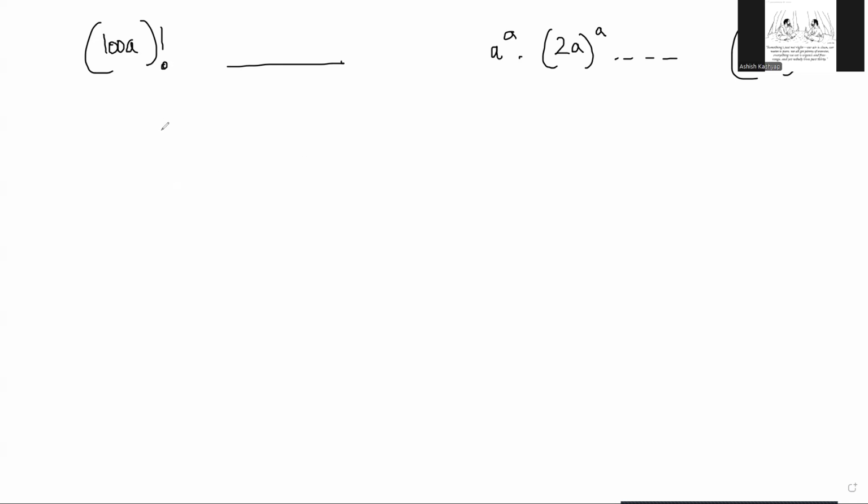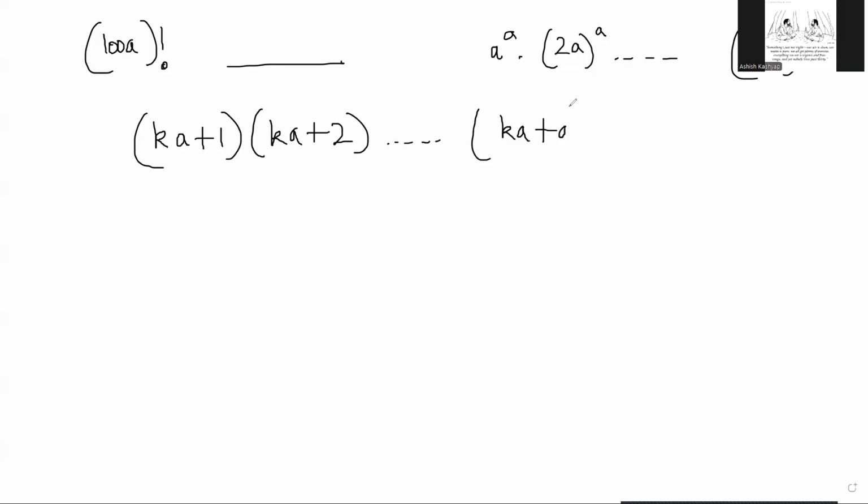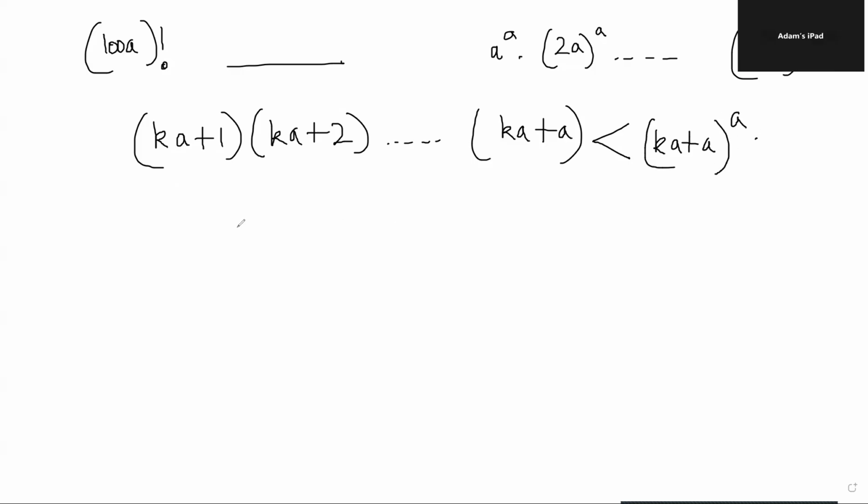Okay, let's look at this. I know that (ka plus 1) times (ka plus 2) till (ka plus a) will be less than... every term. If I replace every term with ka plus a, it should be less than this, no?